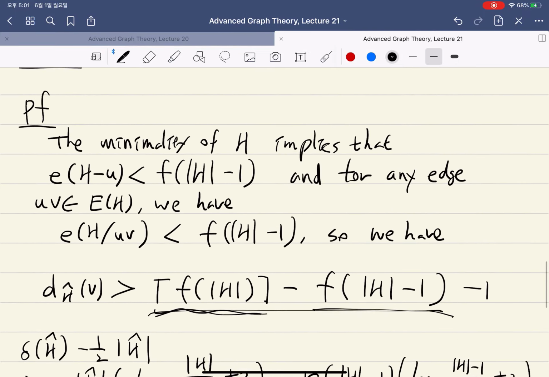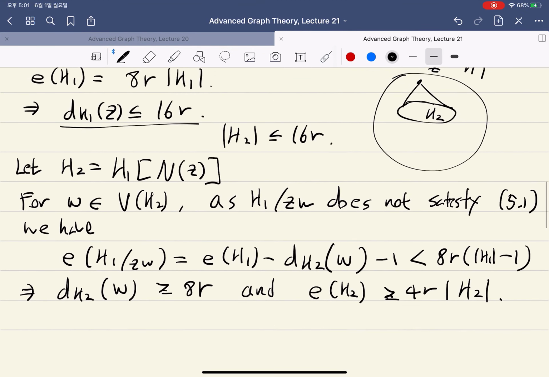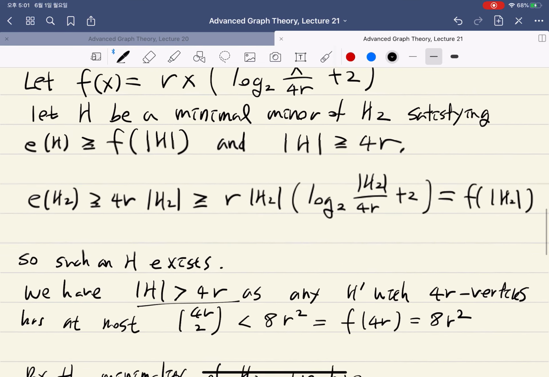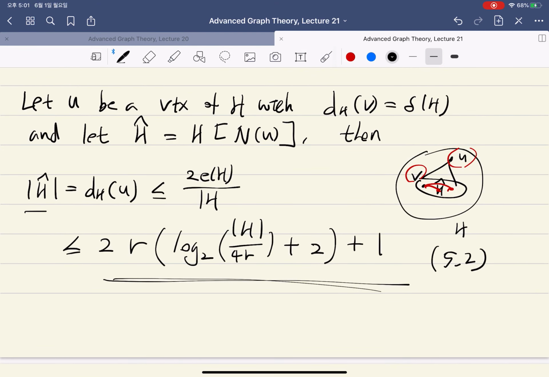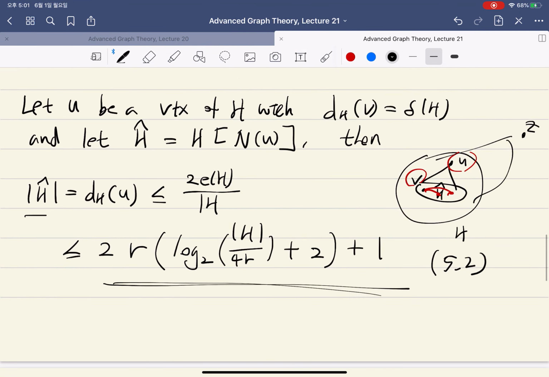And moreover, we have taken out the U and G first. G is a neighbor of this, and then we take a further contraction on this H. So we have G, and we have a further contraction on this H2 to get H. So after the contraction in the big graph, G is again a neighbor of here. And then now we take this H hat.